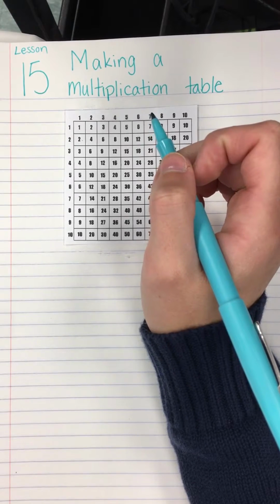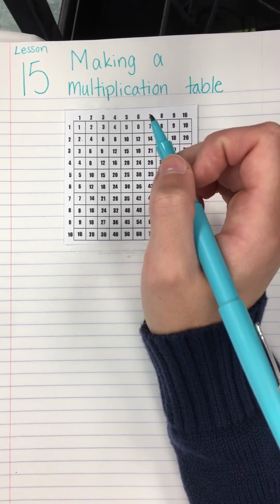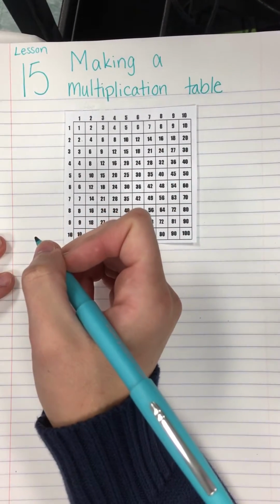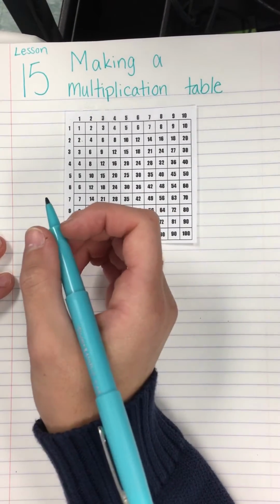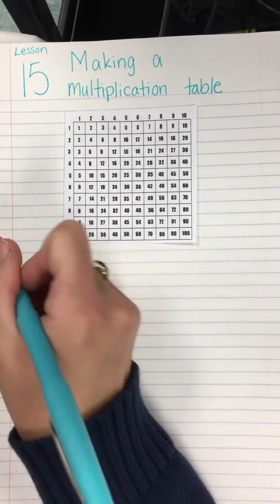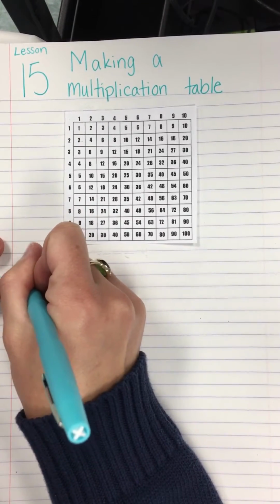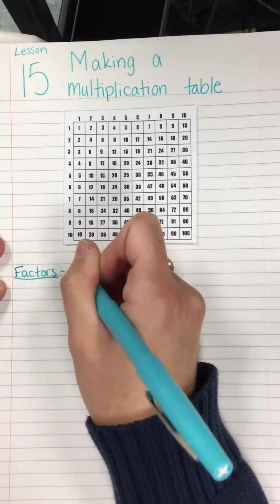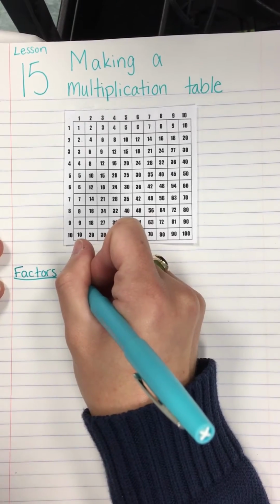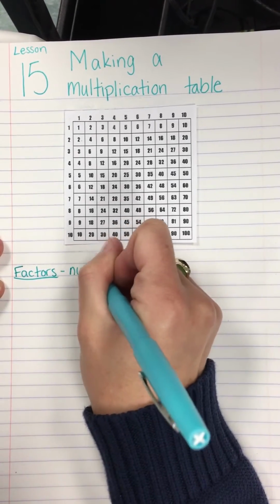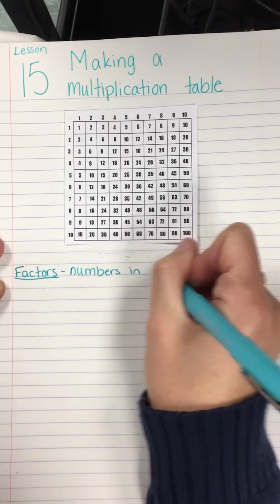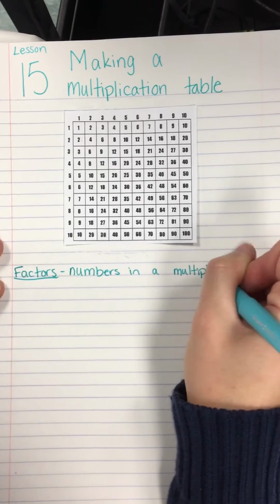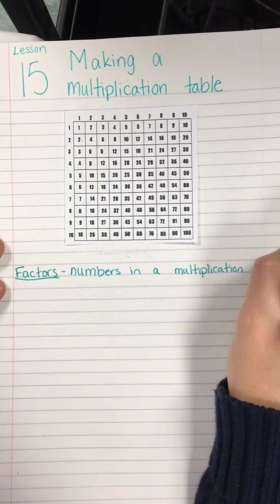All right. So, we are going to write down a few words. Definitions, that's what it's called. The first one is factors. Factors are the numbers in a multiplication problem.